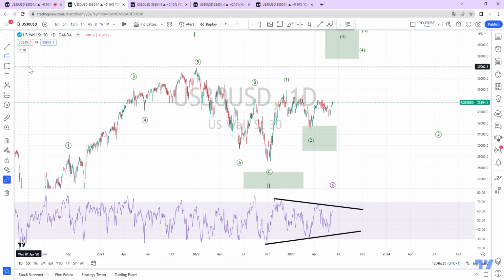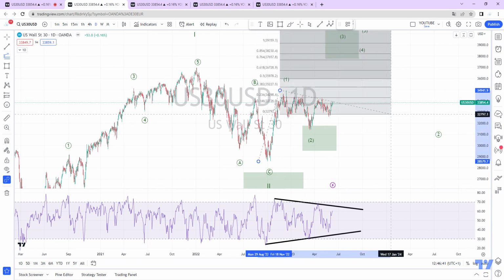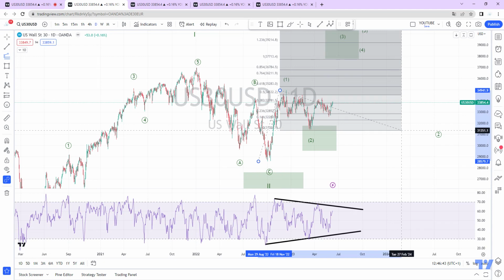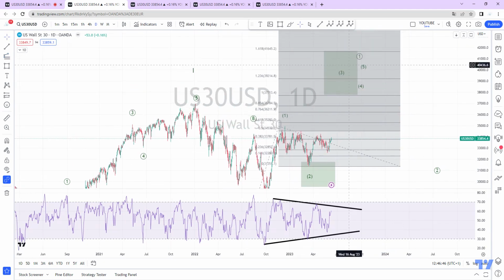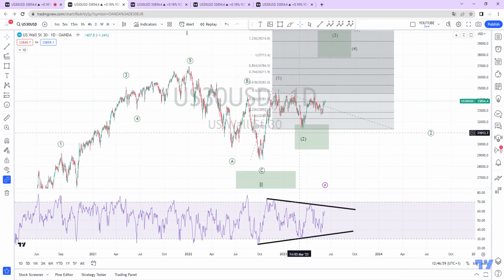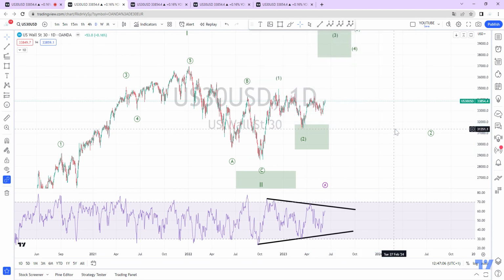Then this becomes again the equal leg area from our wave 1 and our wave 2, which is this area here. This becomes the target for our wave 3. So also here on the daily, we could further move up in the direction of this wave 3, but it could be that the wave 2 is not over yet and that we have a deeper retracement into this area.